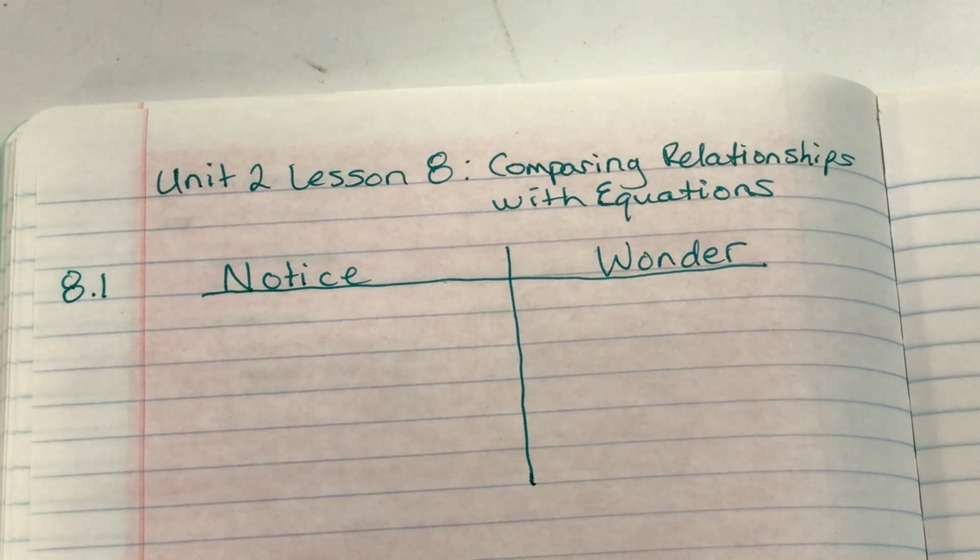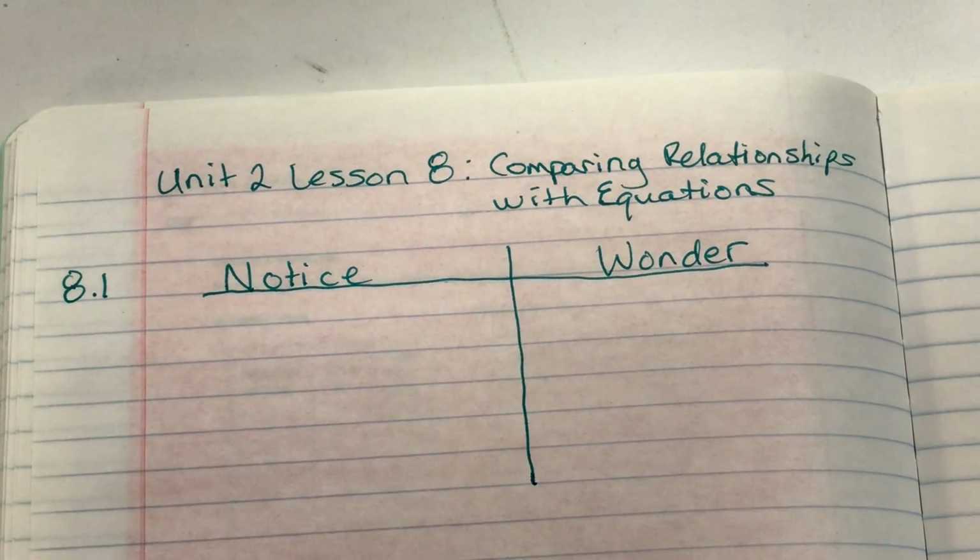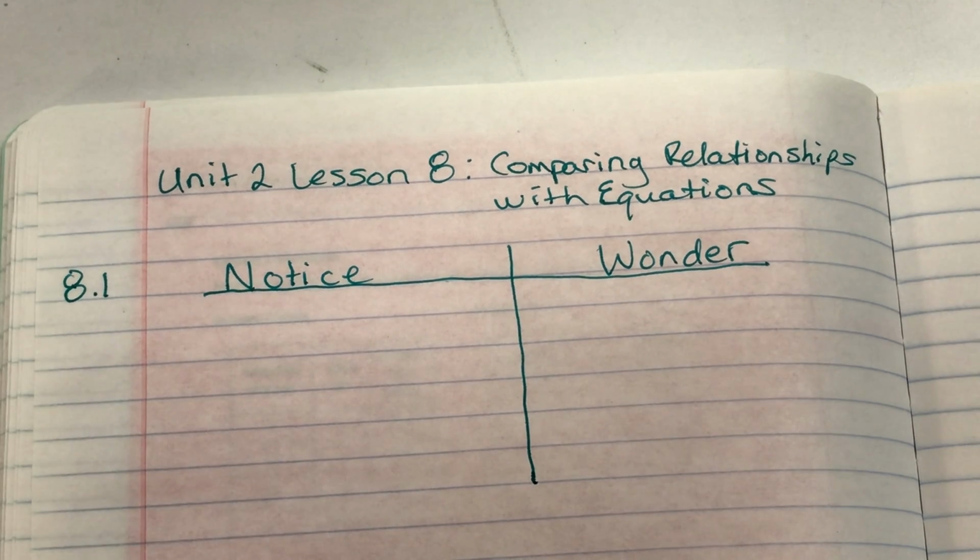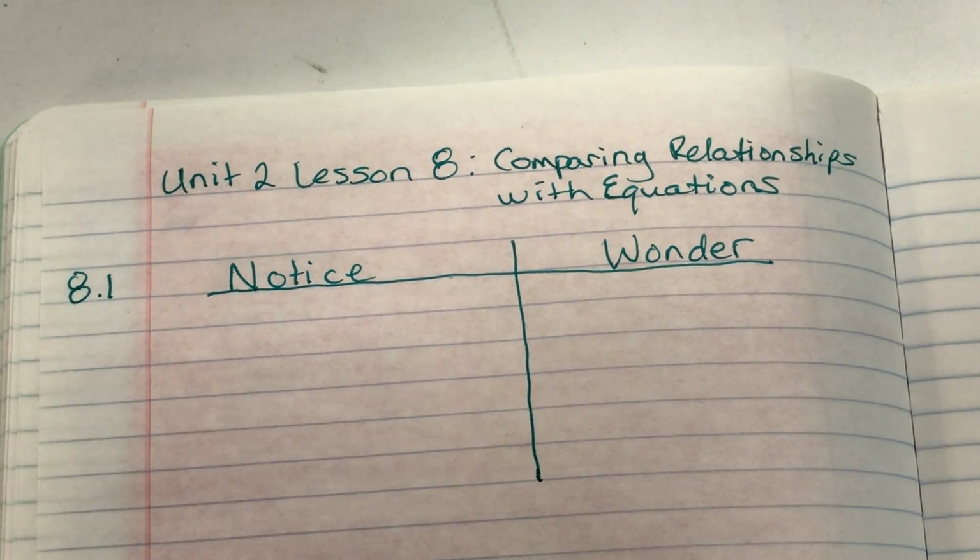So I want you to look at that picture of 3 rectangles. I want you to list something you notice and something you wonder. And the wonder can be anything. What do you wonder about that? The numbers, the size, the picture. So come up with one notice and one wonder.